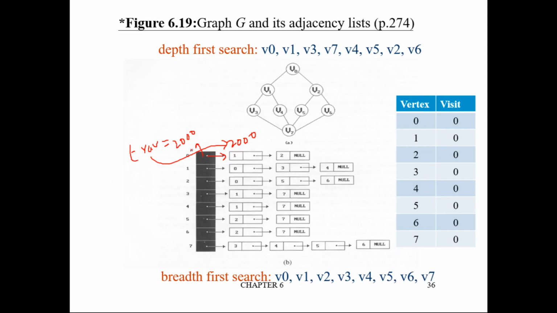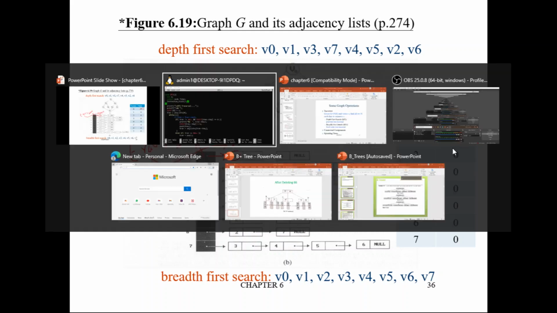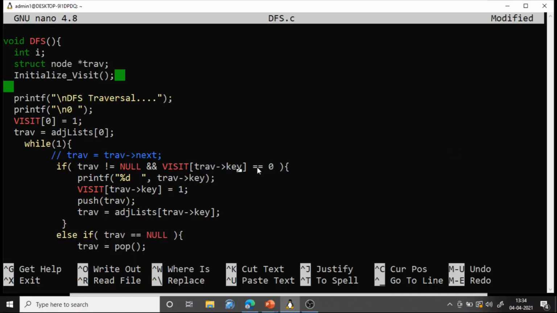Currently traverse is not null. Traverse is pointing to this node. What is its key value? 1. Is 1 visited? We have visited only 0. No, it's not visited, so it is 0. So this condition is satisfied.